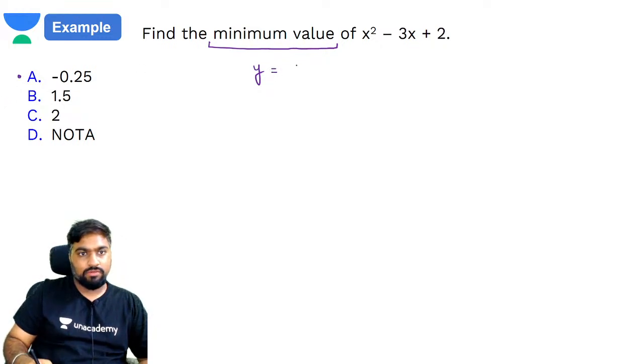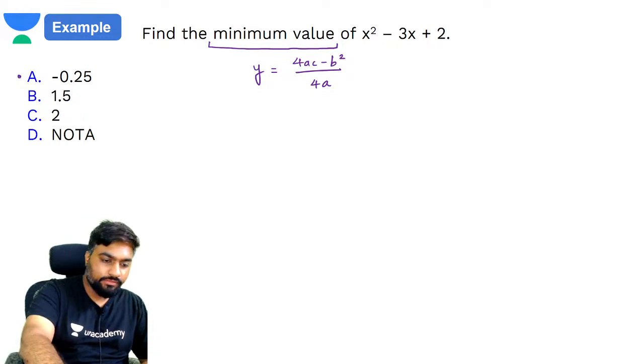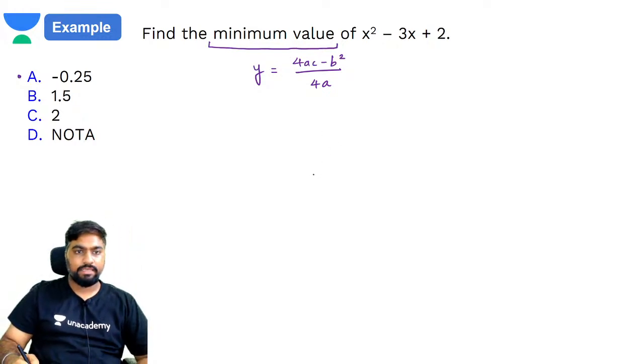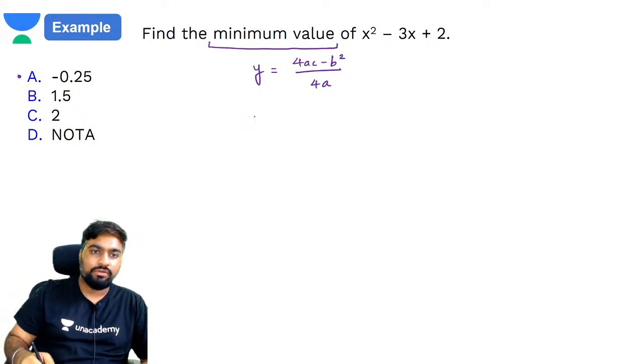So y is equal to what? 4ac minus b square by 4a. Sakshi says A, Shreyashi, Achal says A, Ishika says A. Very good, very good. Superb job, guys. Raj says A. Nice, nice, very good. So just substitute, done.